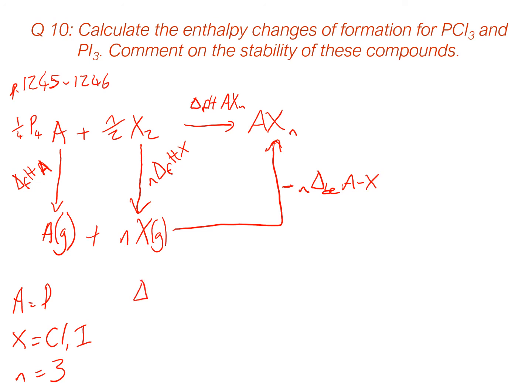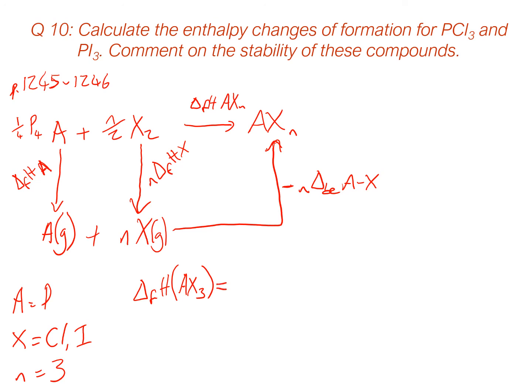So we're looking for the enthalpy of formation for AX3, we'll say, because we know it's going to be phosphorus trichloride or triiodide.